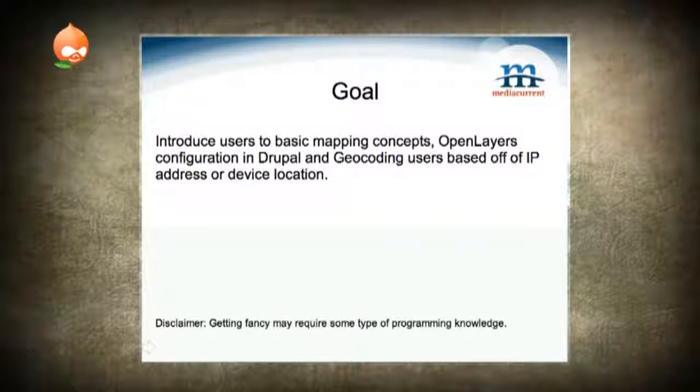It's going to be how to get maps into Drupal, how to get points into those maps, and then also how to find where your users are by the IP address or where they are physically located based off of whatever device your user's using. So if you're looking for something super technical, probably not the talk for you. If you're getting into mapping with Drupal, probably the talk for you.